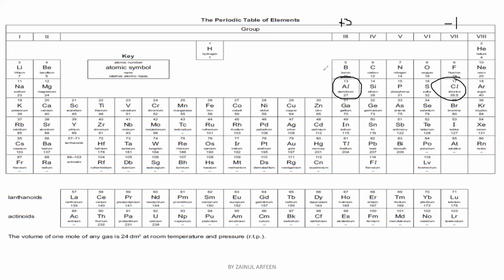So what will be the chemical formula of aluminium chloride? This will be AlCl3. So the chemical formula of aluminium chloride is AlCl3.